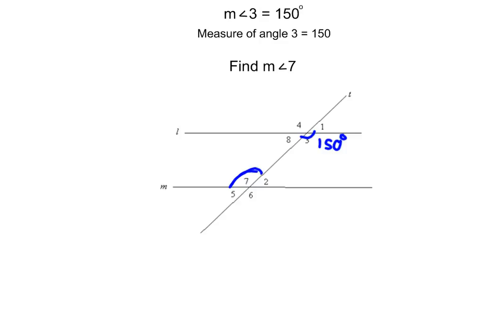Since I know they're alternate, on opposite sides of this transversal, and I know they're interior, which means they're in between my two parallel lines, then I can say angle 3 is going to be congruent to angle 7, which means my angle 7 measure is just 150 degrees. And again, that's my alternate interior angle theorem.